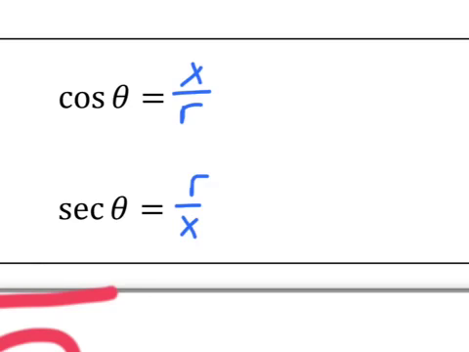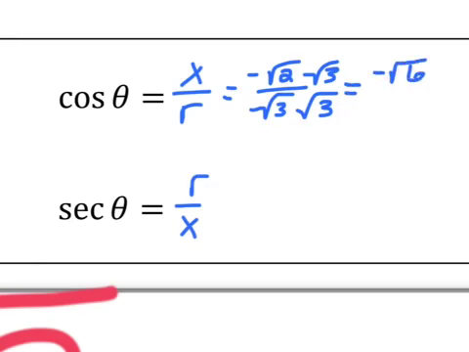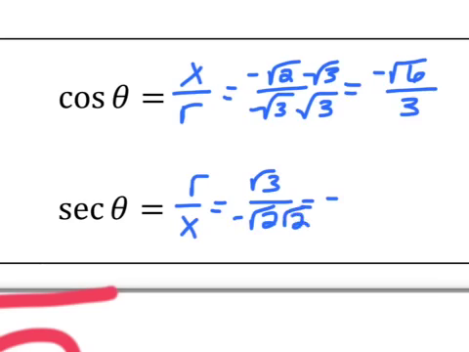Cosine is x over r, so that would be negative root 2 over root 3. We will rationalize the denominator, and it becomes negative root 6 over 3. And same thing with secant, we've got r over x, so that's square root of 3 over negative root 2, which will become, once we rationalize the denominator with square root of 2, negative root 6 over 2.